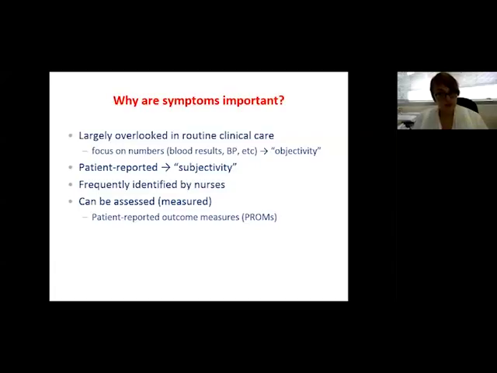And increasingly you would have heard about using PROMs more in clinical practice. It's certainly a big push in many, many hospitals across the country to use patient-reported outcome measures. And these tend to capture those subjective experiences. Now, a PROM could be patient satisfaction, but other PROMs can measure symptoms.